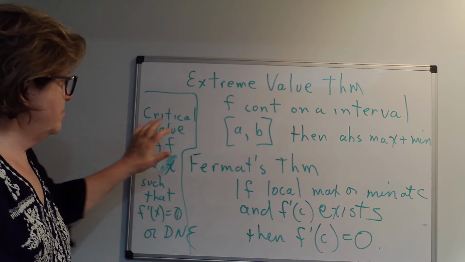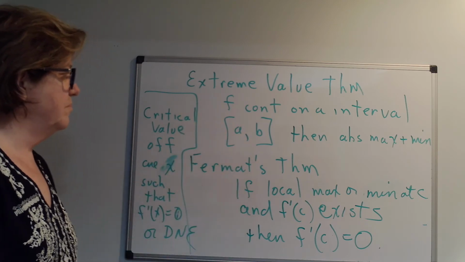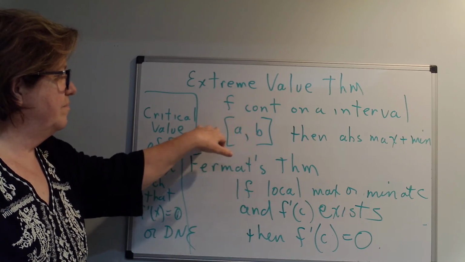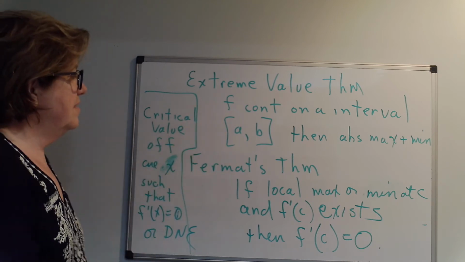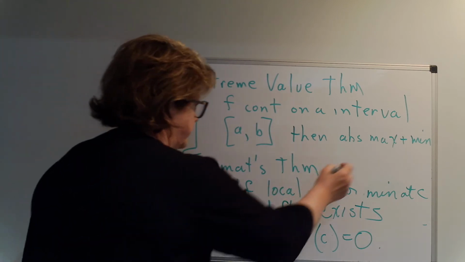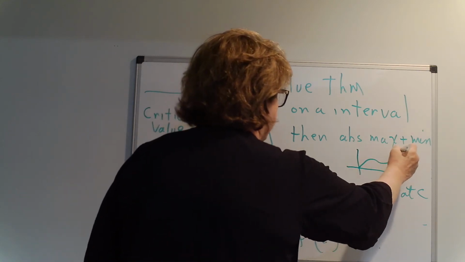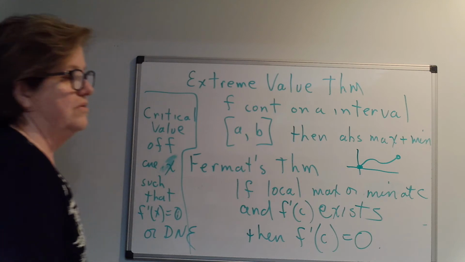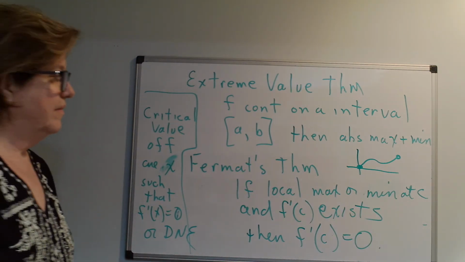We need these three things. We're going to apply these three principles, and we've seen them work out. If f is continuous on an interval, then we have some kind of smooth function like this, and it's a closed interval. We're going to have an absolute maximum and a minimum.